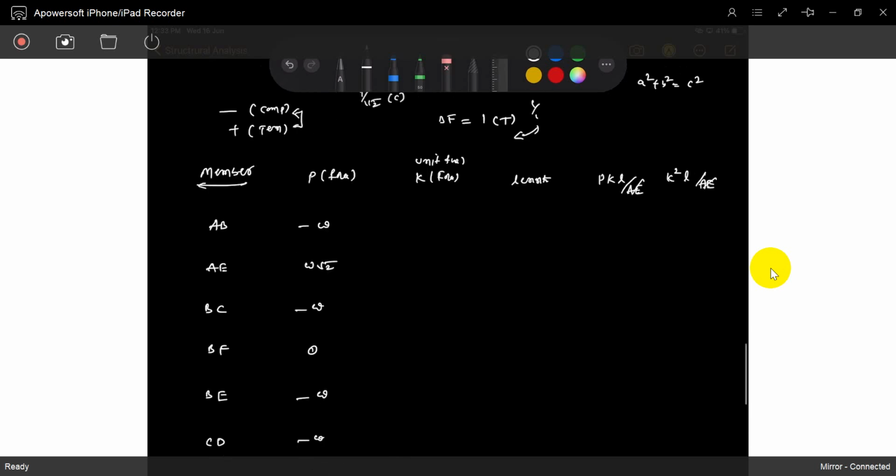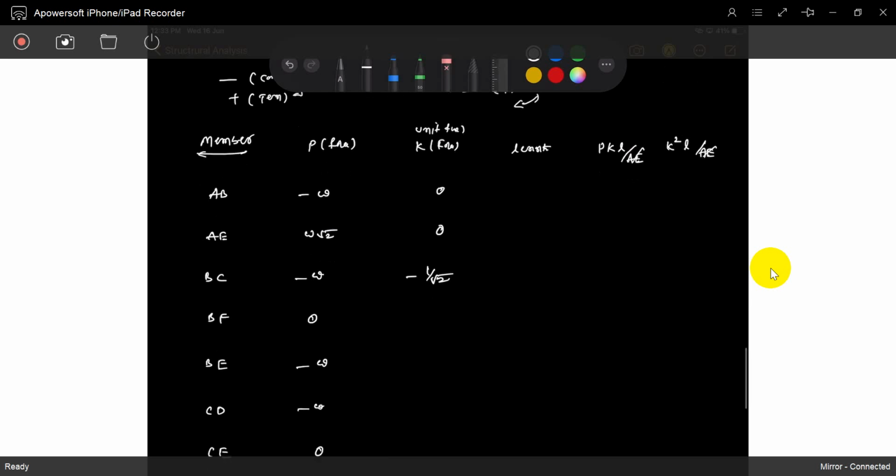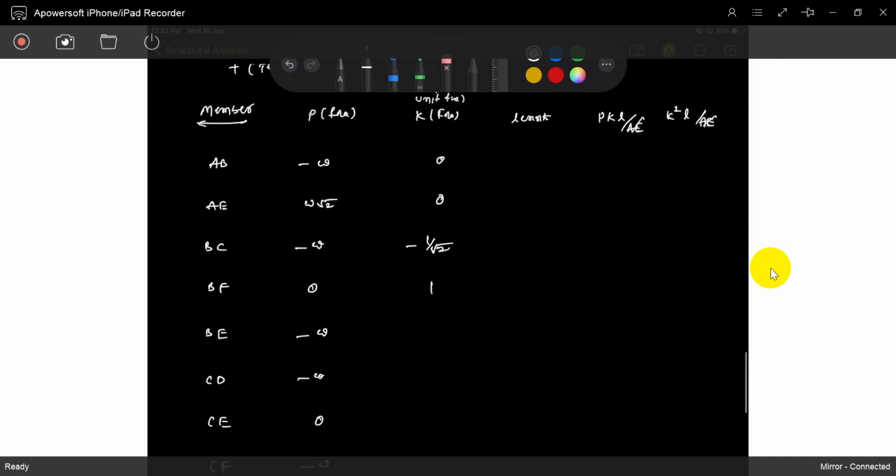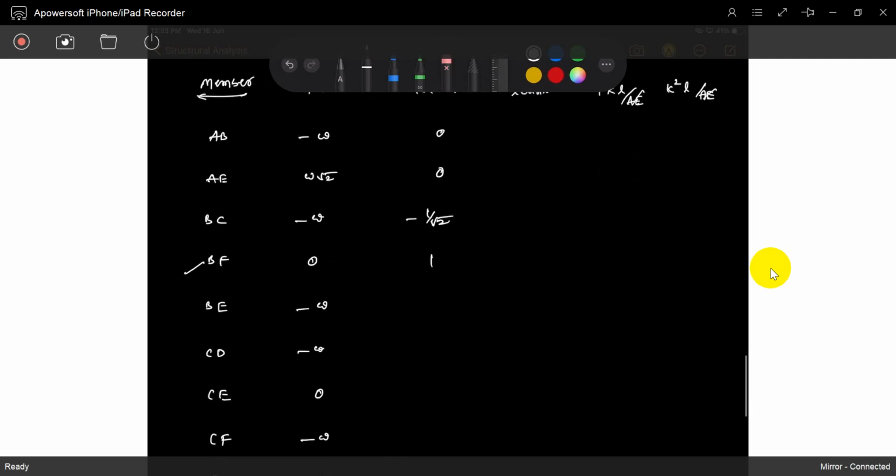Okay. So unit force: AB is 0, AE is 0, BC is 1 by root 2, BF is 1 and only 1. If one gets 0, just remove it. It is just a multiplication. Multiply with 0, got 0. But I will write everything.